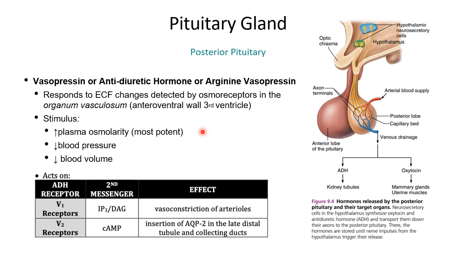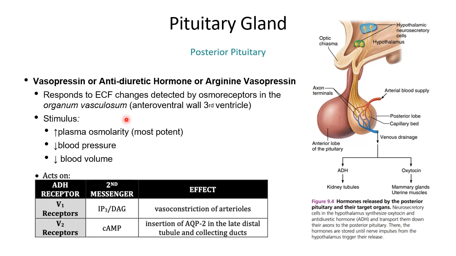So what will be the stimuli for the release of vasopressin? A decrease in blood pressure, a decrease in blood volume, and an increase in plasma osmolarity. Antidiuretic hormone acts on two receptors. Number one would be your vasopressin 1 receptor, and it causes constriction of the arteries or arterioles.